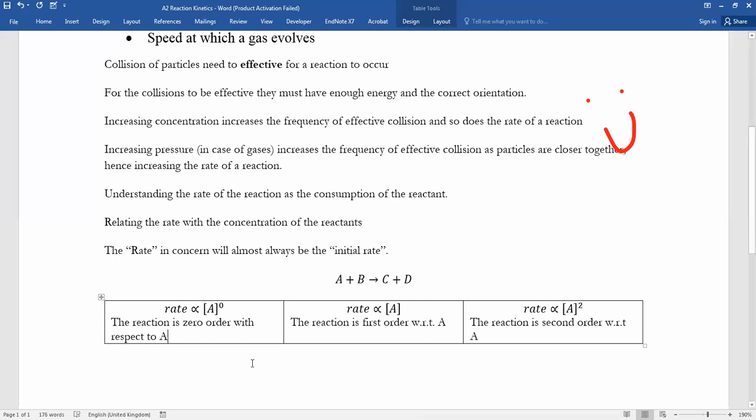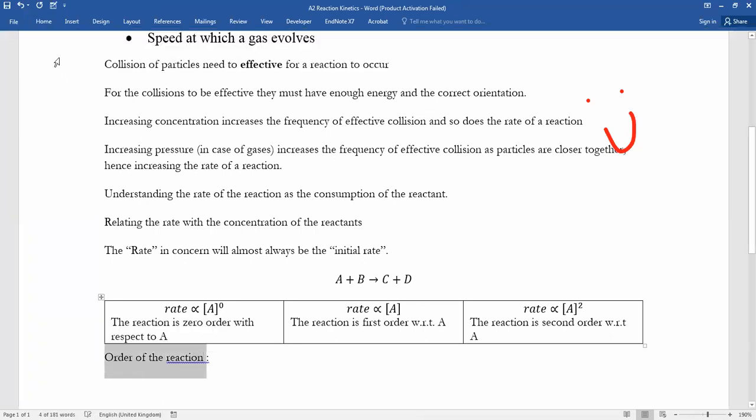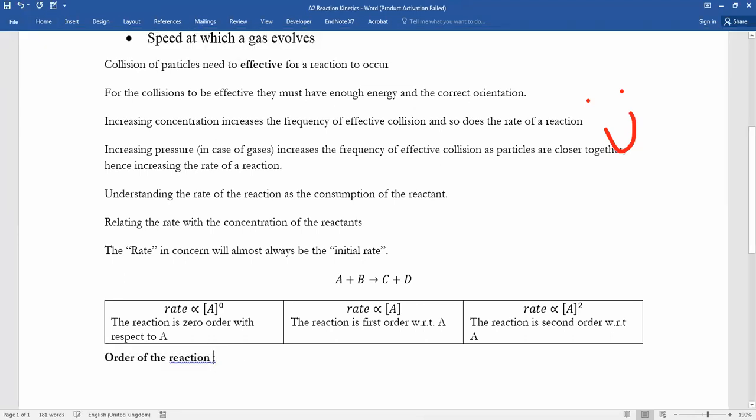Is this clear? So if I ask you the order of the reaction, can you tell me what it is after going through this? Not the change in concentration. The word order, understand this, children.